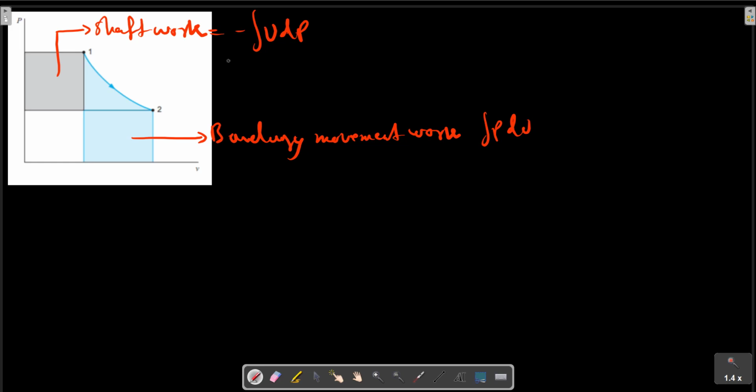Let us now consider a power system consisting of a four-stage process as shown in this picture.